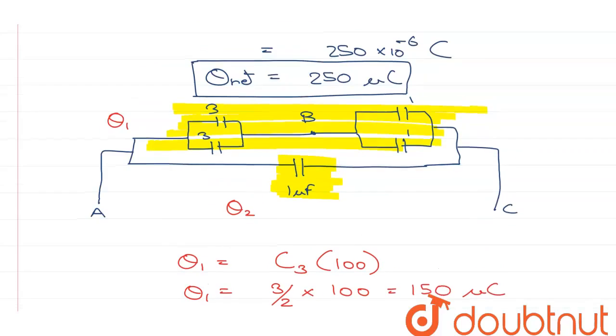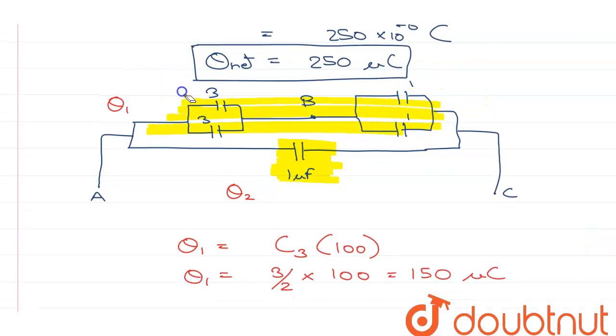Now, since this setup of two parallel capacitors and this setup of two series capacitors are in series, the charge Q1 will be equal in both of them.